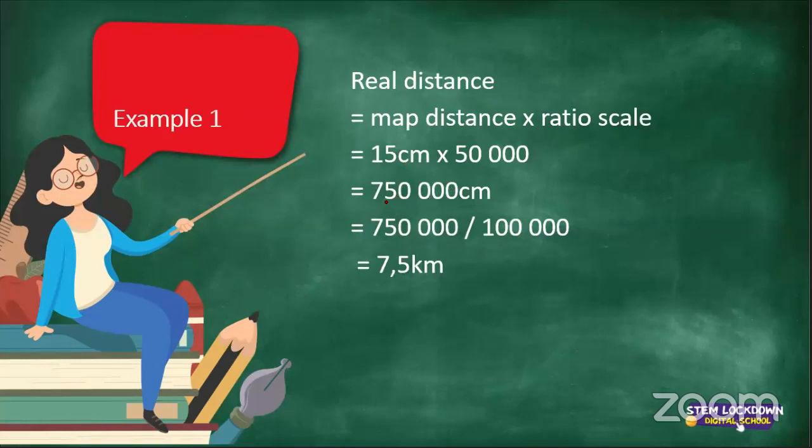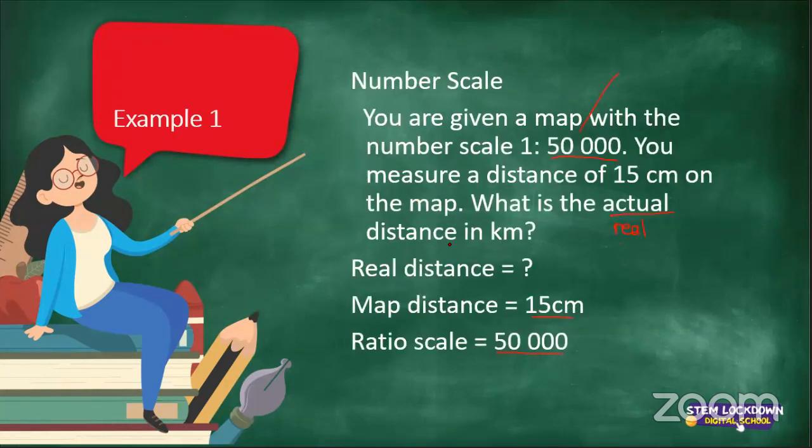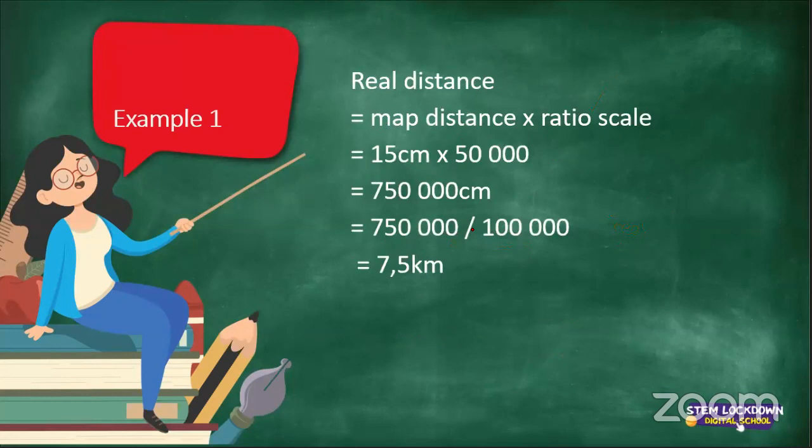So my answer is 750,000 centimeters, right? But they said they want to know that distance in kilometers, right? So all I'm doing now, I'm changing my actual distance, which is in centimeters, to kilometers, right?